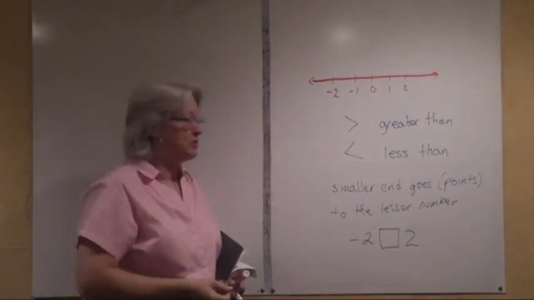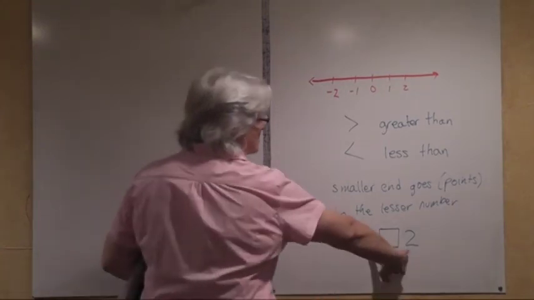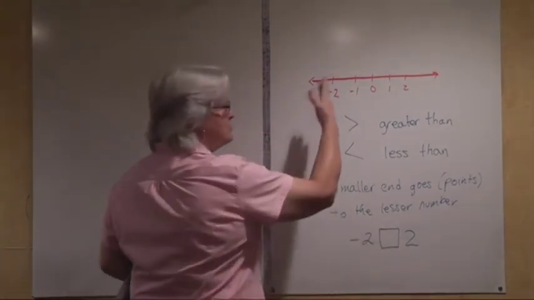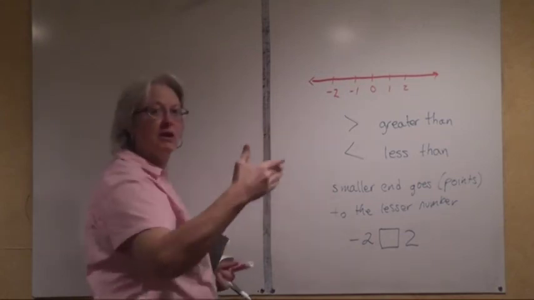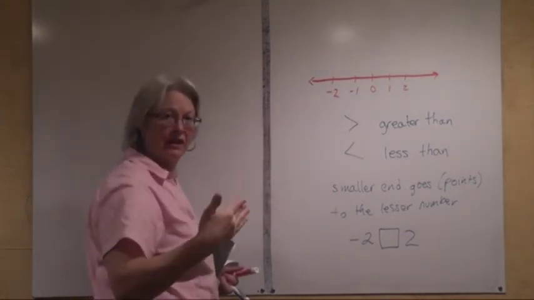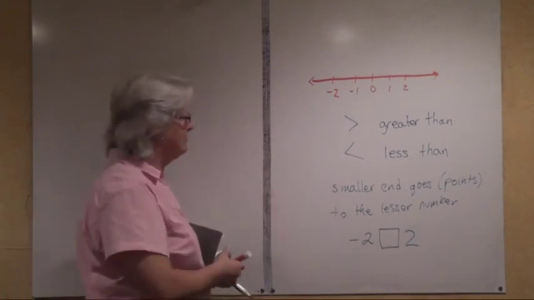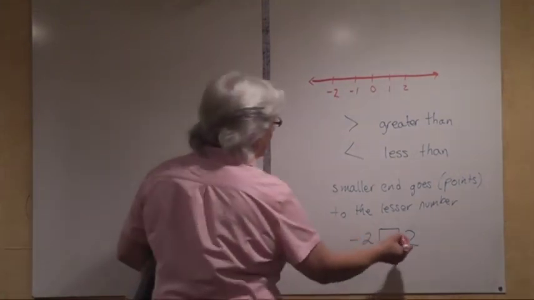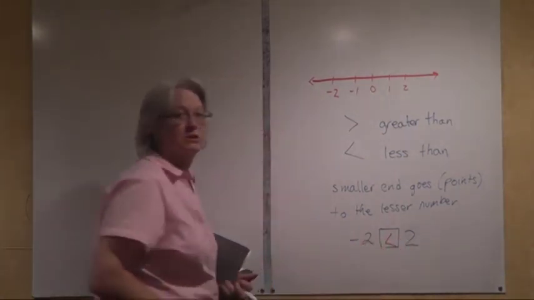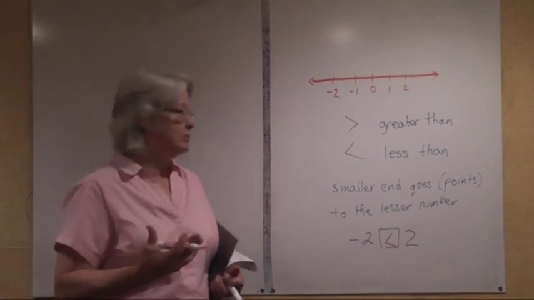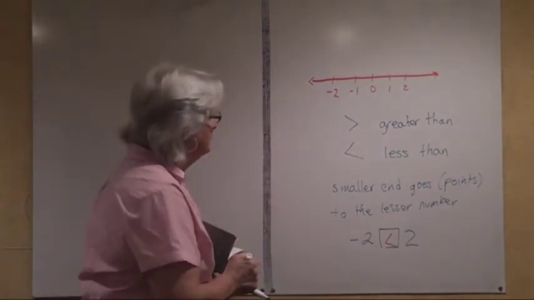The greater numbers are on the right of the number line. Which of these is going to be smaller? -2 is further to the left on the number line, which means it's further in the negative direction. So -2 is less than 2. The smaller end of our inequality symbol points to the lesser number, which is -2.